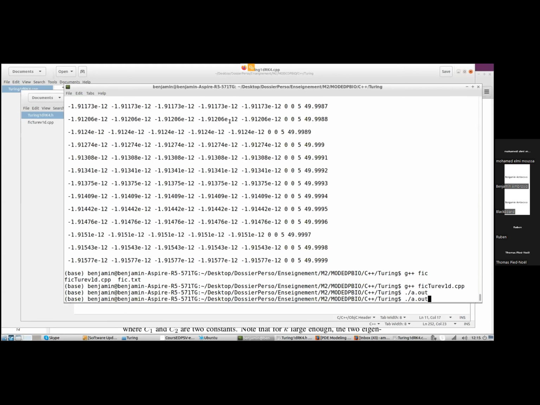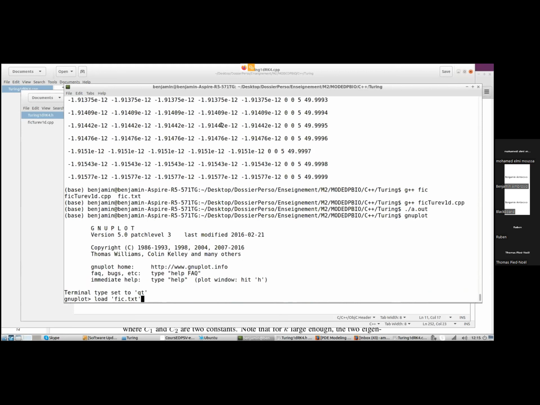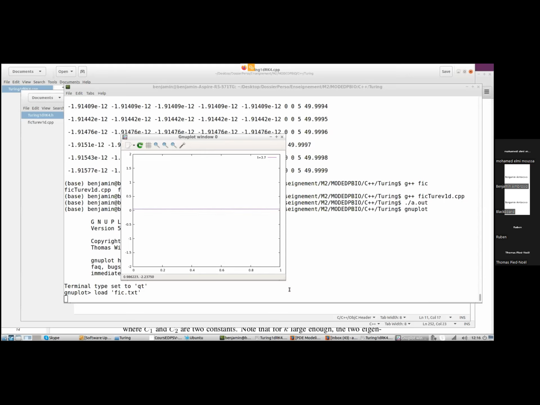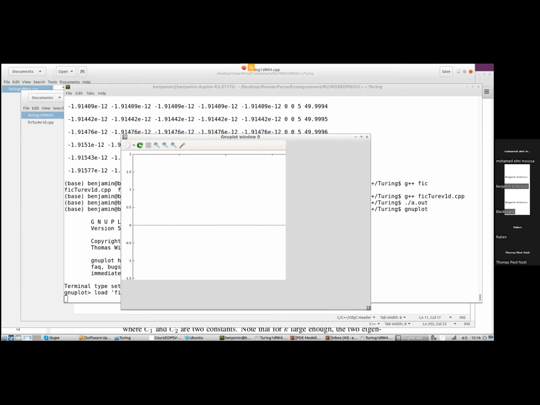Okay, finally, I go to GNUplot. So this is the solution of my PDE. I don't know if you saw it.